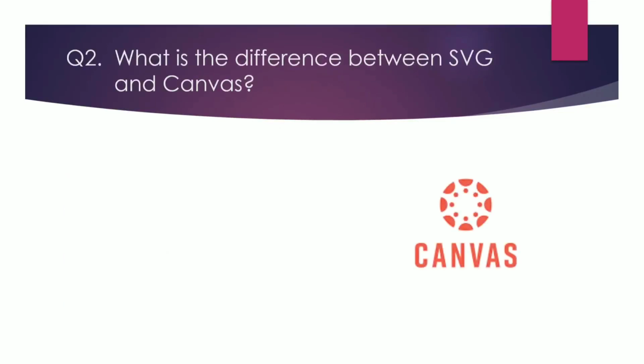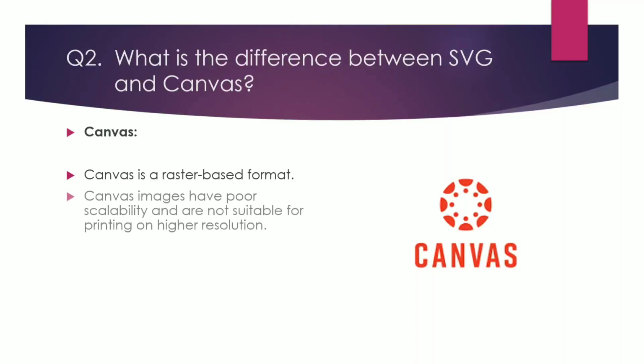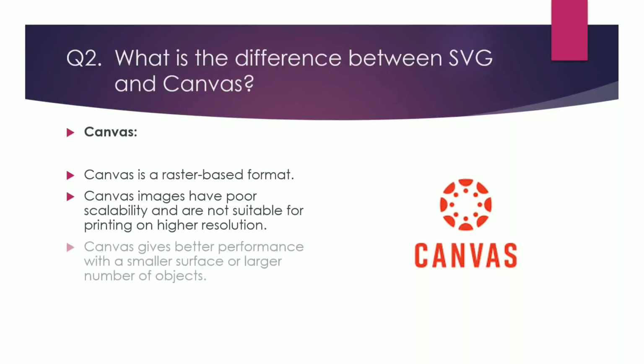Now let's see Canvas images. Canvas is a raster based format. And Canvas images have poor scalability. That means they cannot be scaled up or down, because if we try to scale them, they will lose their quality. This is the main issue with Canvas images.